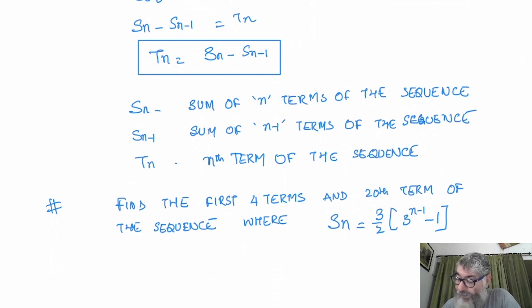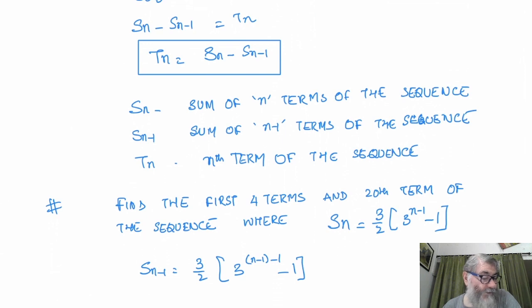I should calculate Sn minus 1. How will I calculate Sn minus 1? Where n is there, I'll replace n with n minus 1. So it will become 3 by 2 times 3 to the power n minus 2 minus 1.